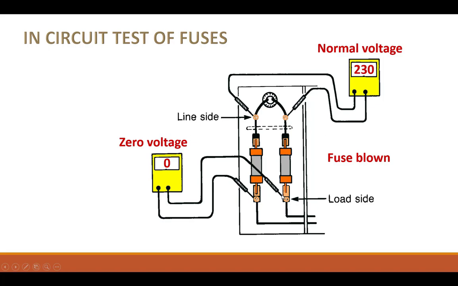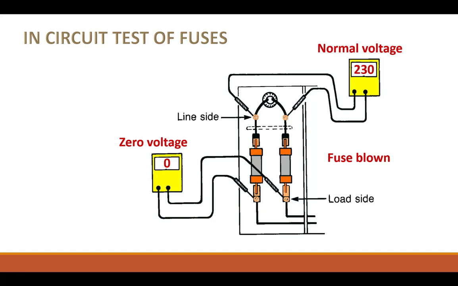Again, if I take this point off and put it up here, and it reads 230, then I know this fuse is bad. And if I don't, then I need to check the other way. So I'll take this one and move it up here and see if it goes to 230. And if it does, then I know this one's bad. And if it doesn't, and I've already done this, then I know that both of them are bad.